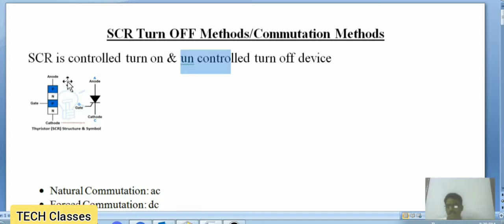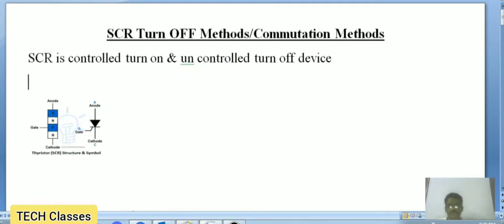Controlled means to turn off this SCR. So here I am taking one symbol, and also observe this one. Controlled turn-on means whenever the current flows from anode to cathode, then SCR is said to be in on state.